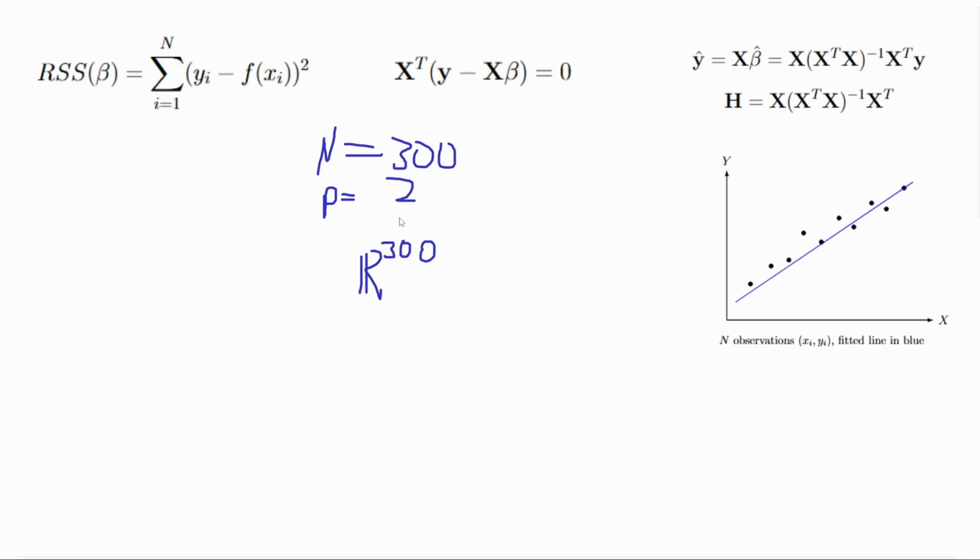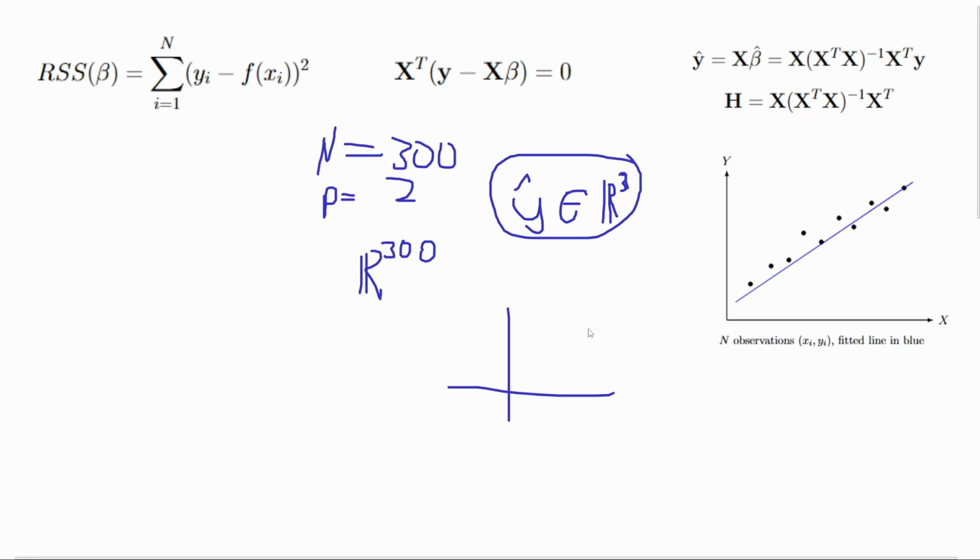So with only two features, plus the intercept column, of course, that's three columns. Every possible prediction y hat must lie within this R^3 space. ESL calls this space, the possible values that your model could predict, the column space of X. You can think of it as sort of a flat sheet going through this super high dimensional space.